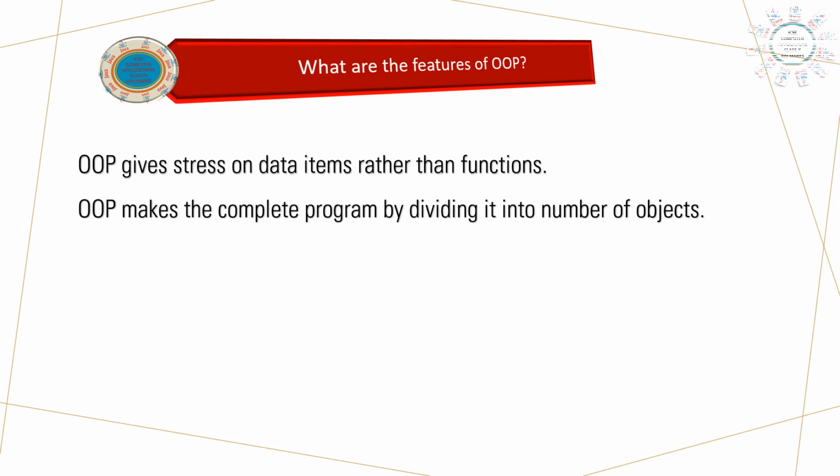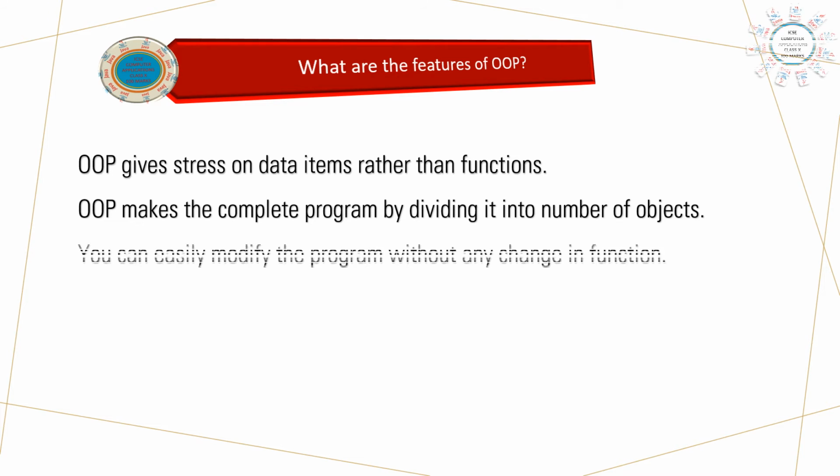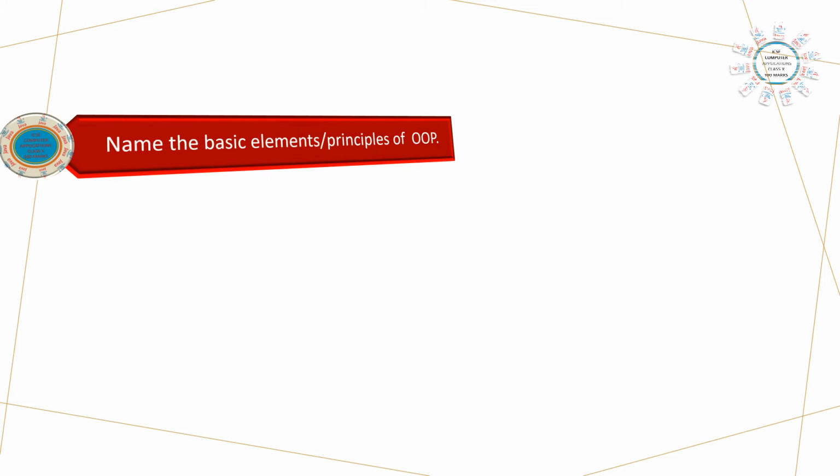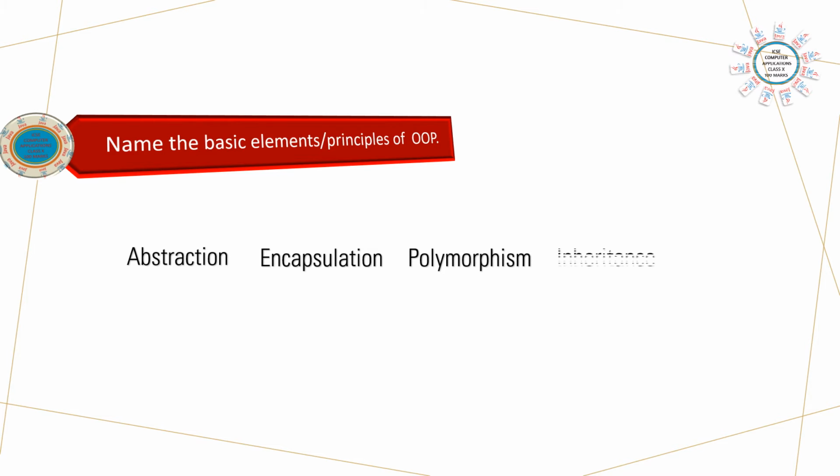It makes the complete program by dividing it into a number of objects, you can easily modify the program, and it follows a bottom-up approach. Mostly in features of object-oriented programming, students write the principles. So be careful when you write the answer. Features, you have to write this answer, and if it asks for the principles of object-oriented programming or basic elements, then the answer will be abstraction, encapsulation, polymorphism, and inheritance.